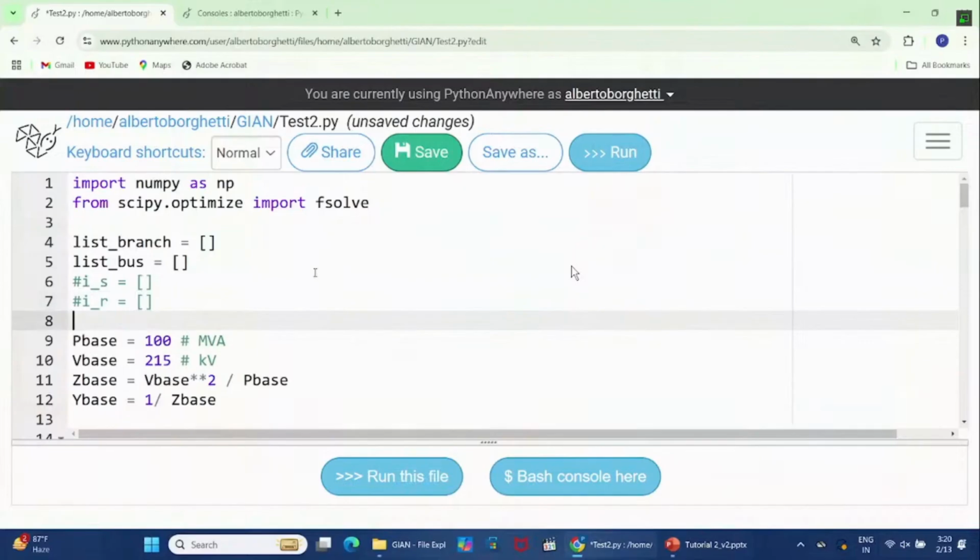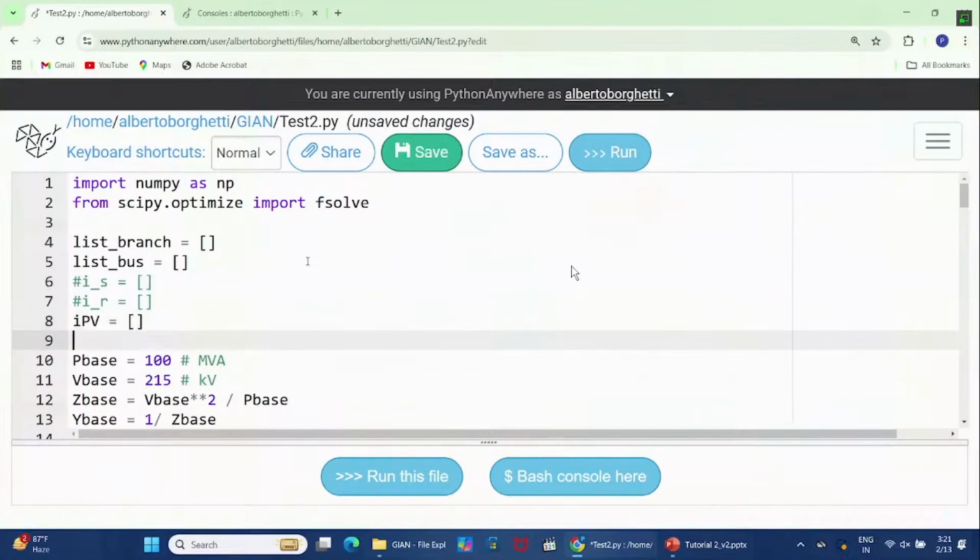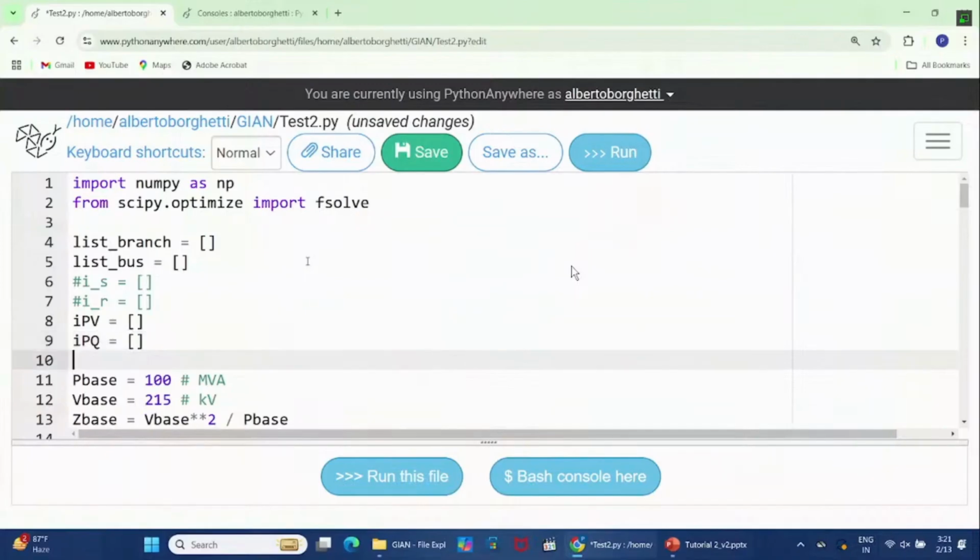We can put different lists, in particular IPV, that is empty at the beginning and probably in this example will be empty also after, and IPQ, that is empty at the beginning. I would like to put also a slack because we need to know where the slack bus is.